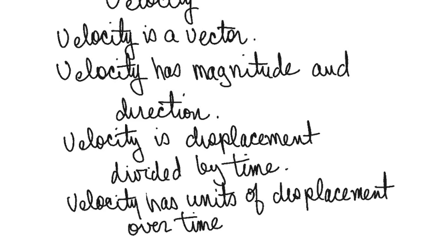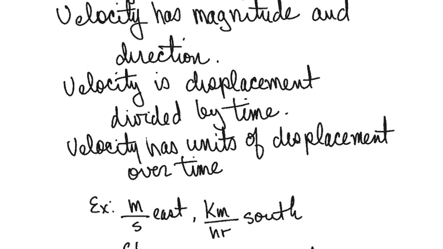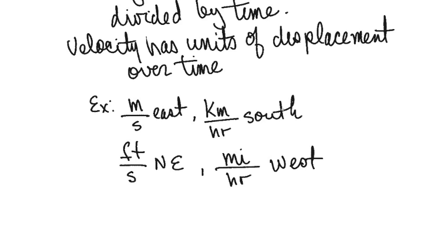Velocity has units of displacement over time. And some examples would be meters per second east, kilometers per hour south, feet per second northeast, miles per hour west. Now, this looks an awful lot like speed with a direction added. That is incorrect.